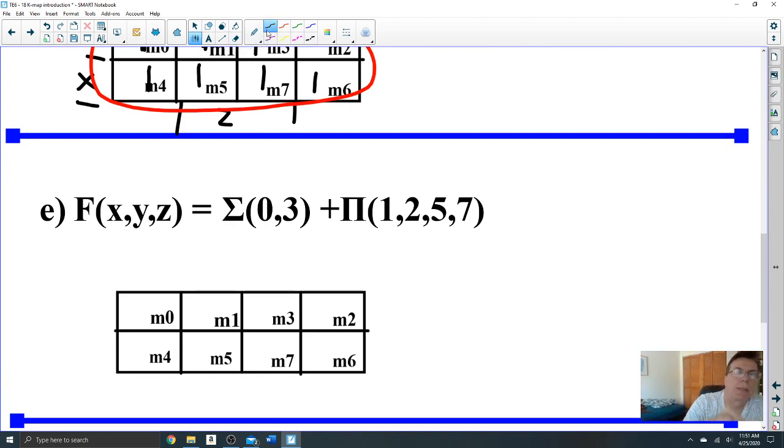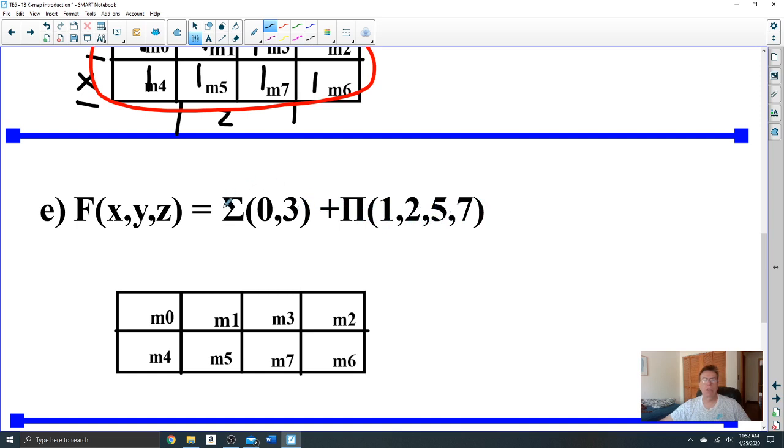Now, this one is interesting. If you have a function that is sum of min terms 0, 3 plus product of max terms 1, 2, 5, 7, you have to do the following. This is a main operator plus. That means you have to change the products of 1, 2, 5, 7 into min terms.